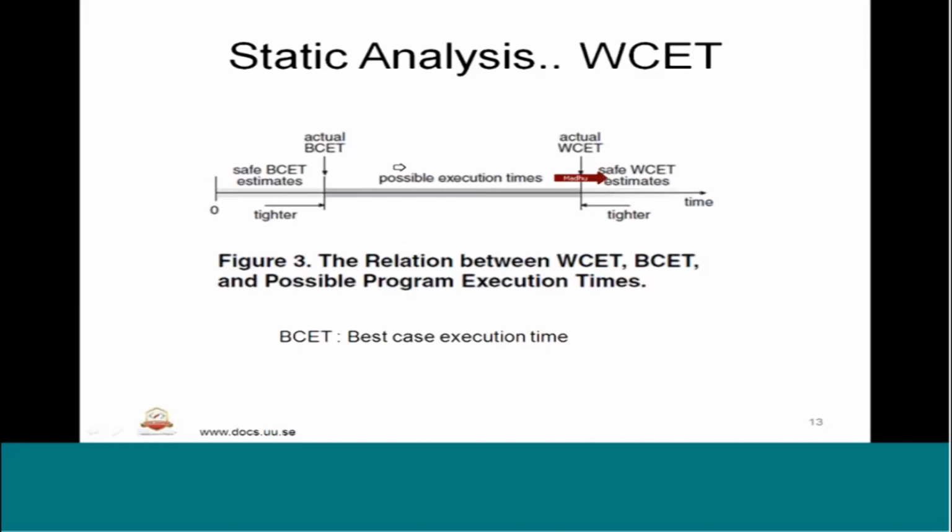So we will do an analysis. We will say this is the tighter one, and we have a border actually where we define the best and the worst. So within this, mostly it is going to execute optimally. If it is less than BCET, it is called a safe BCET estimate or analysis.